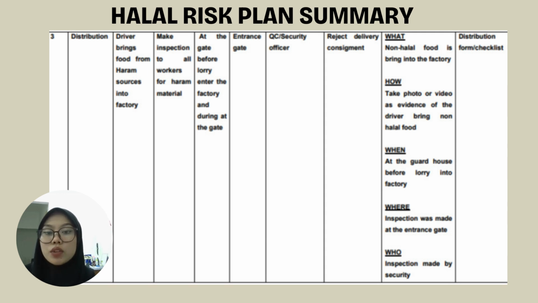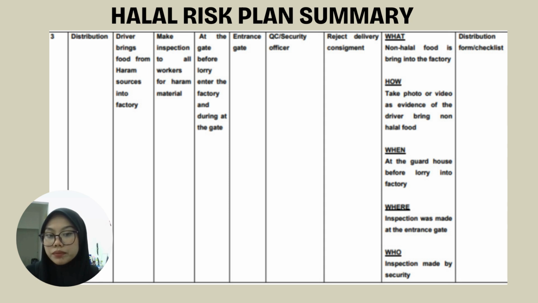The control measure is done before the lorry enters the factory, at the main gate. Where we need to do the process is the entrance gate, and it will be conducted by QC, quality control, and the security officer.